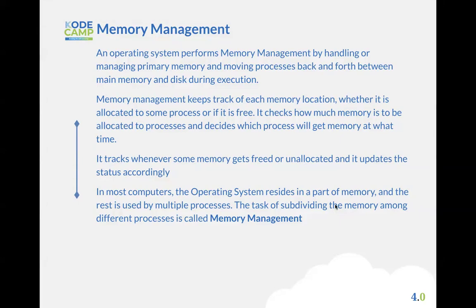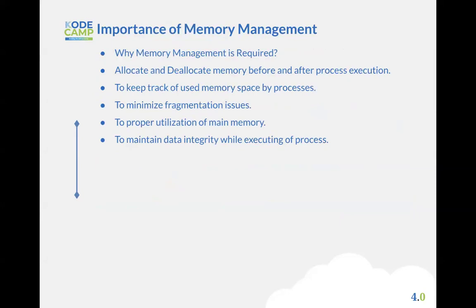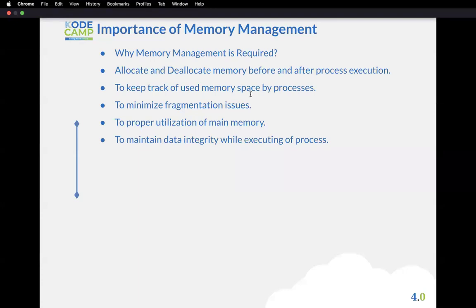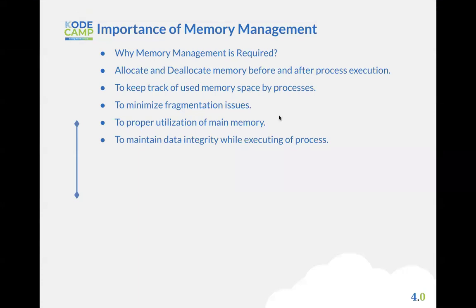Thinking about the importance of memory management, we have the allocation and deallocation of memory before and after process execution. When a process is to be executed, it needs to be allocated memory space.